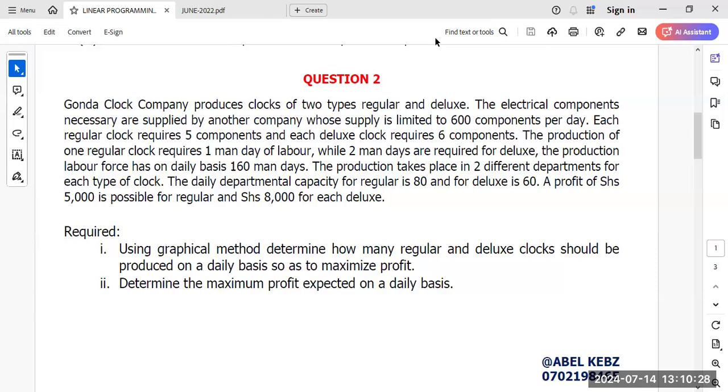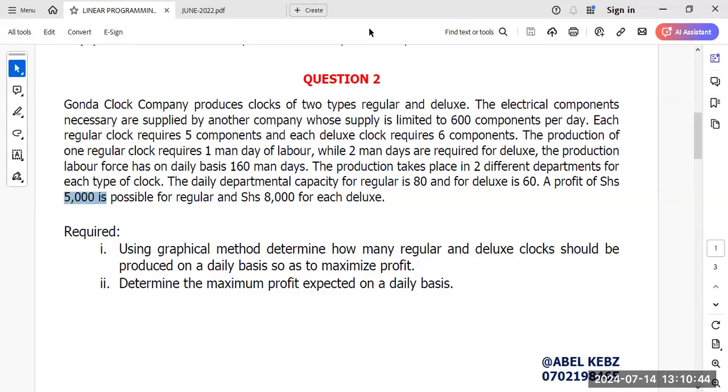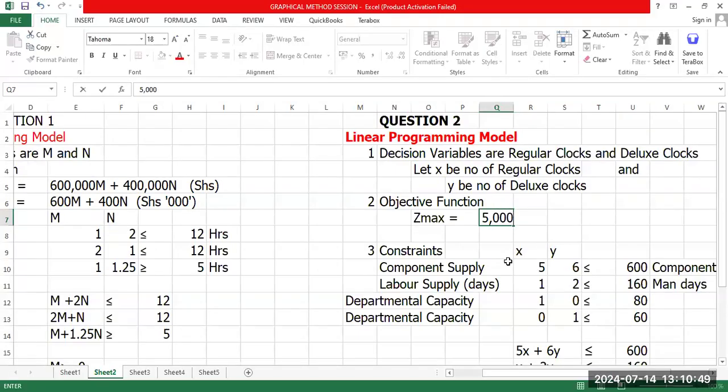So we can just say here, this is 5,000. Is it 5,000 or 8,000? The first one is 5,000, related to X. Then we add 8,000, and your amounts are in shillings.